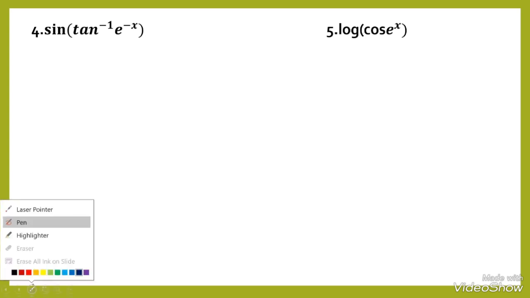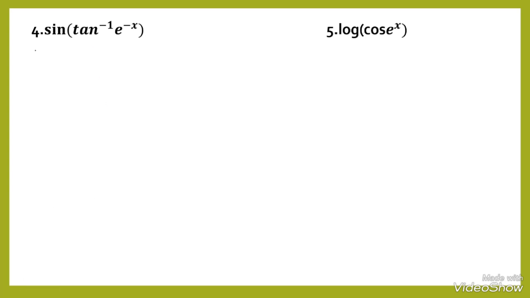Let's move on to the next problem, that is differentiation of sine of tan inverse e to the power minus x. Now I can consider the problem here, that is y is equal to sine of tan inverse e to the power minus x. Now I can differentiate with respect to x.